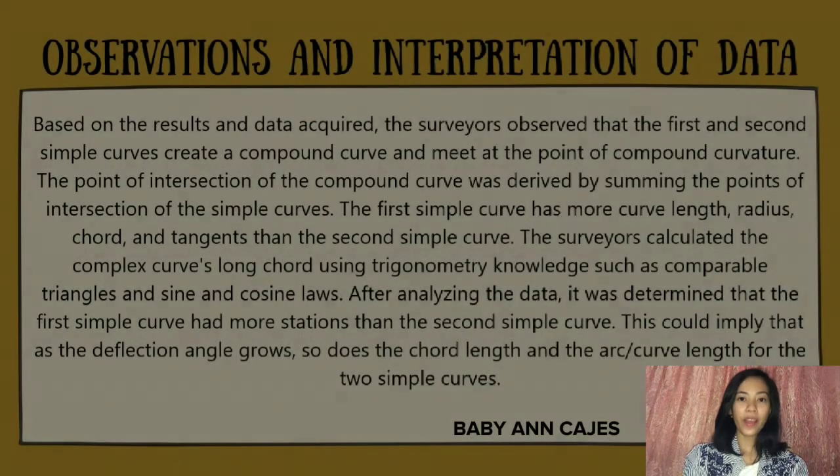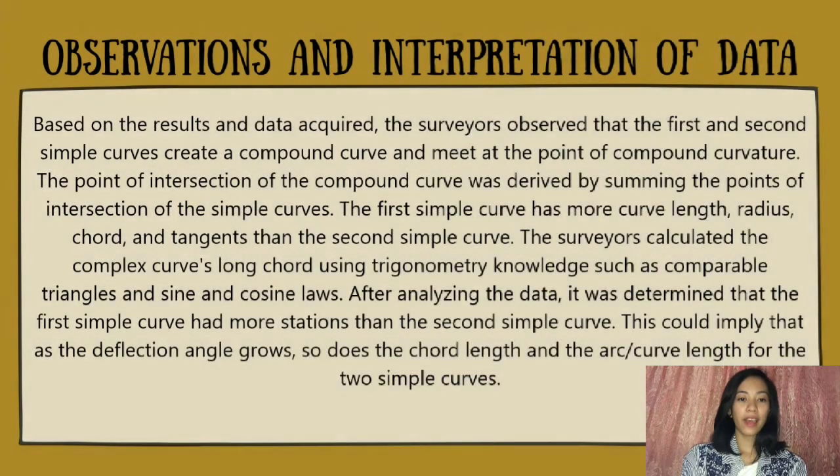So at this point, based on the results and data acquired, the surveyors observed that the first and second simple curves create a compound curve and meet at the point of compound curvature. The point of intersection of the compound curve was derived by summing the points of intersection of the simple curves, and the first simple curve has more curve length, radius, chord, and tangents than the second simple curve.